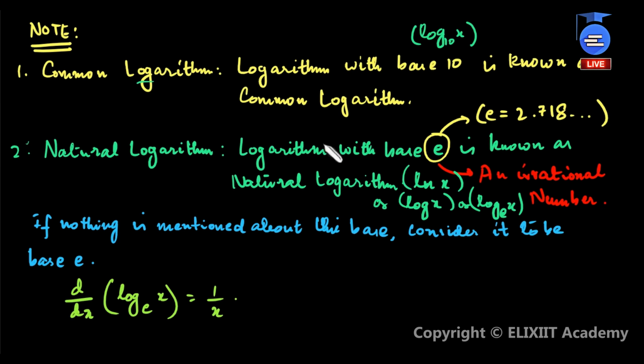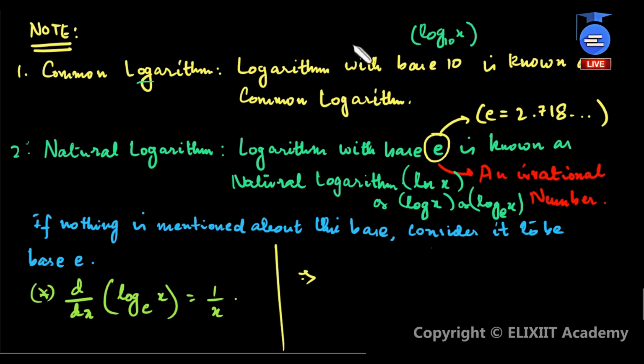So if nothing is mentioned about this base, then consider the base to be base e. In short, you can write log x base e is equal to ln x.